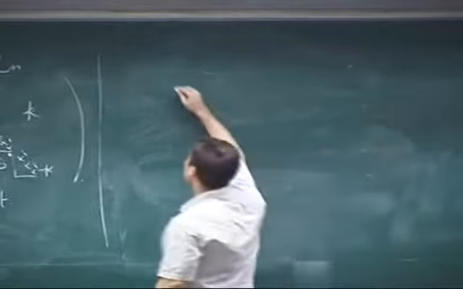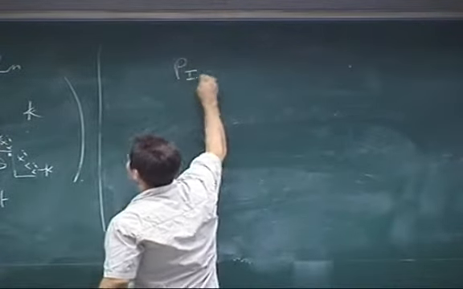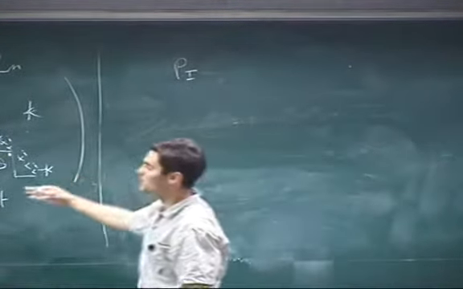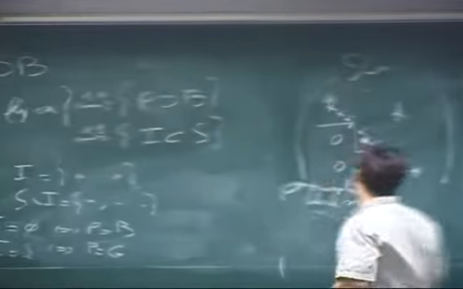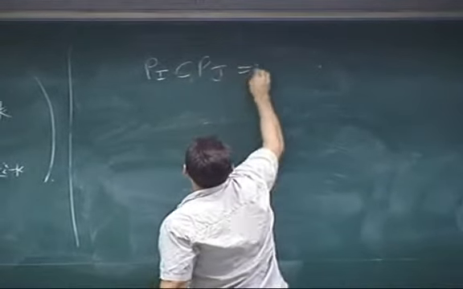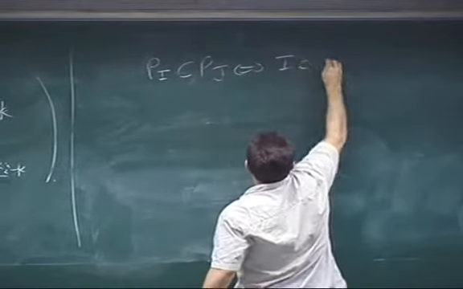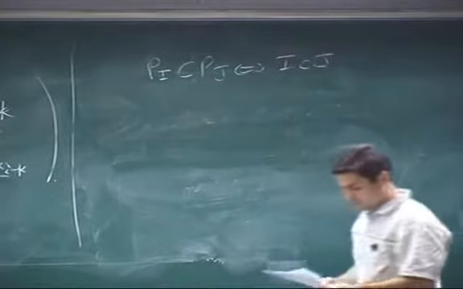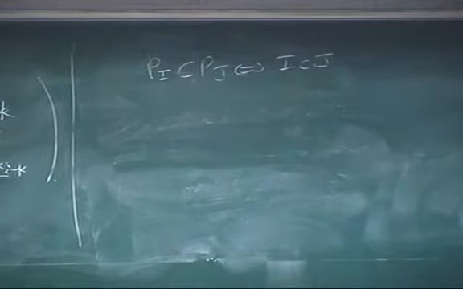We can also remark that, denoting P_I the parabolic subgroup corresponding to I, P_I is included in P_J if and only if I is included in J. So we have a complete description of parabolic subgroups.